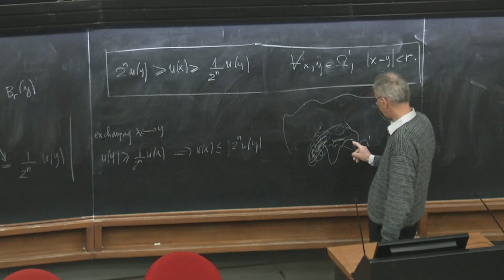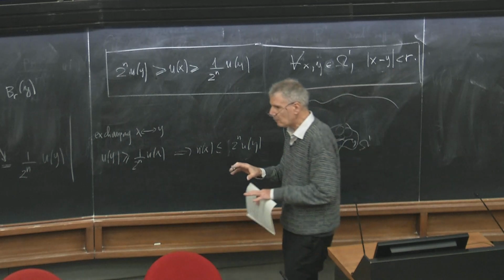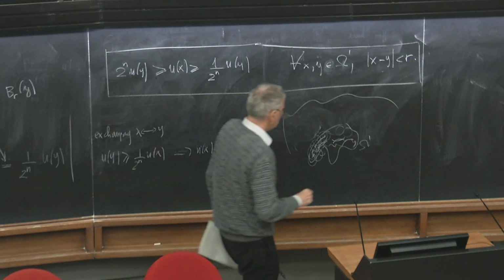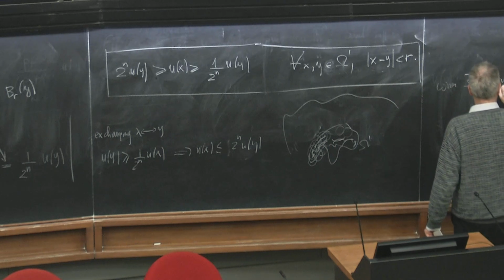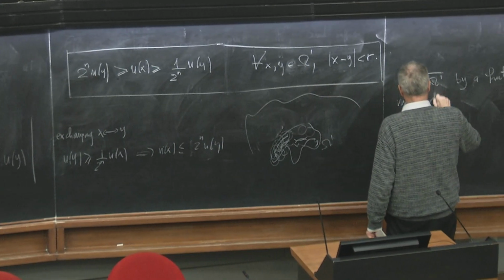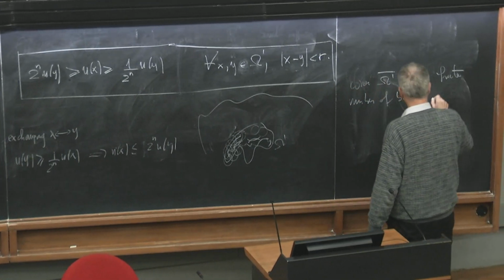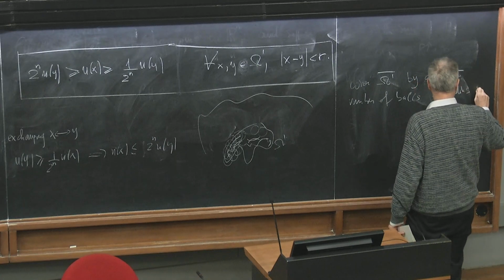So taking the 2 points x and y arbitrary in omega prime, what do we do? We cover omega prime bar by a finite number of balls of radius r.